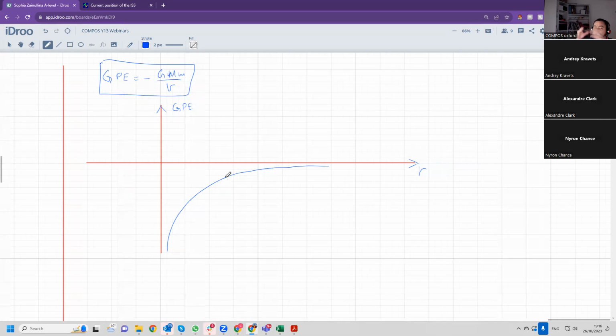Yeah, it's the work done by an external force moving an object from infinity to a given point, which is incidentally the negative of the work done by gravity. Because the work done by gravity is positive. It's pulling you down. So that's that.